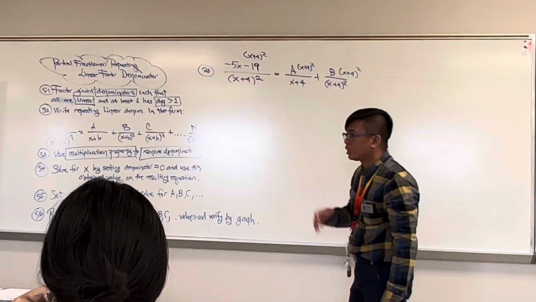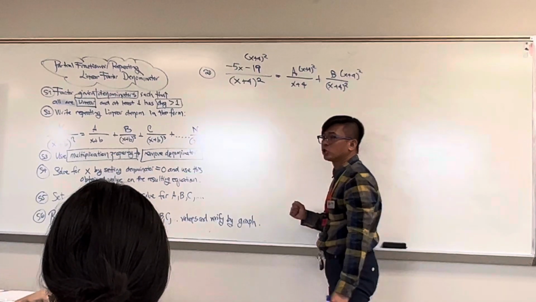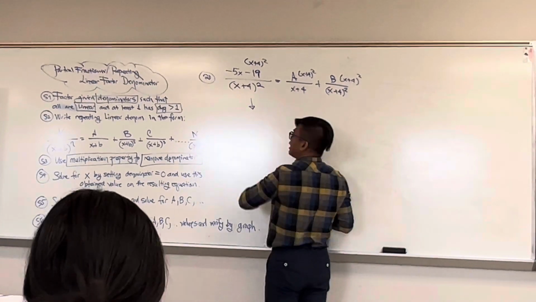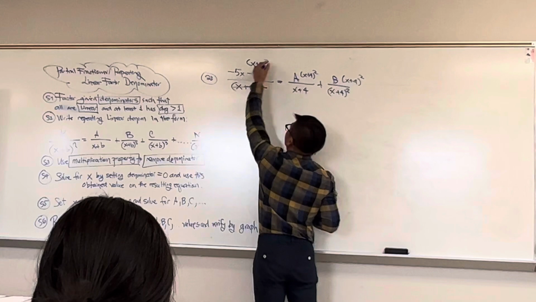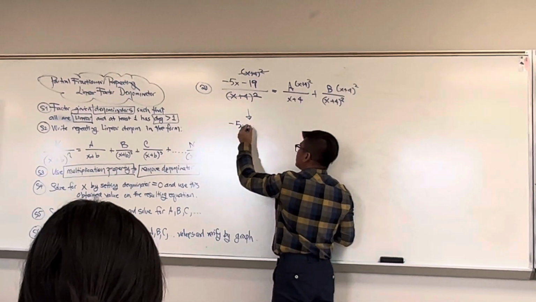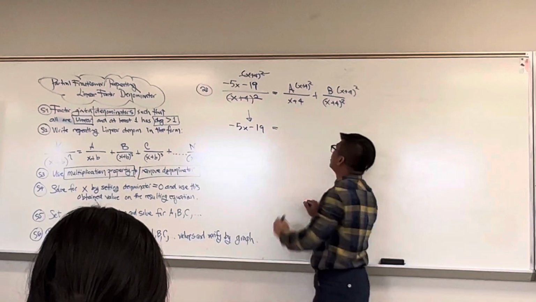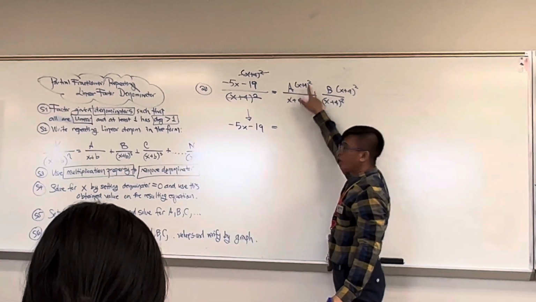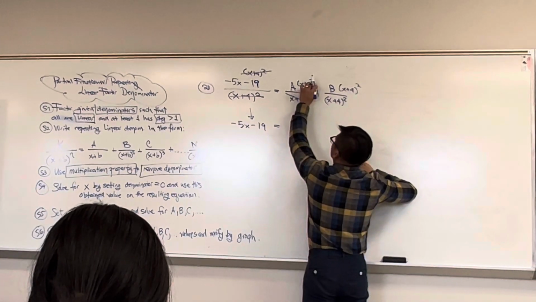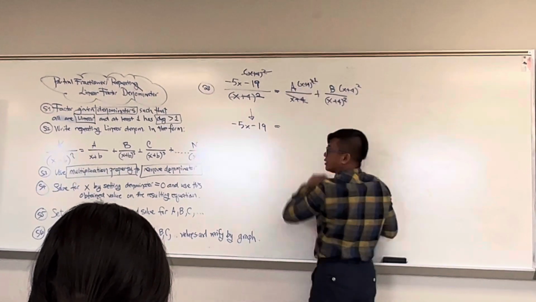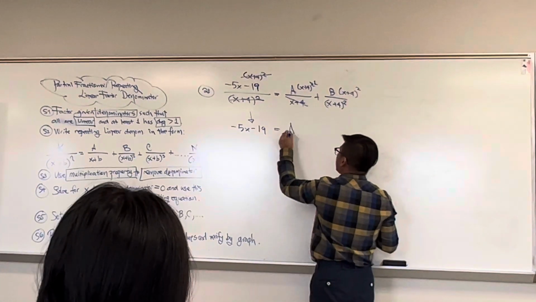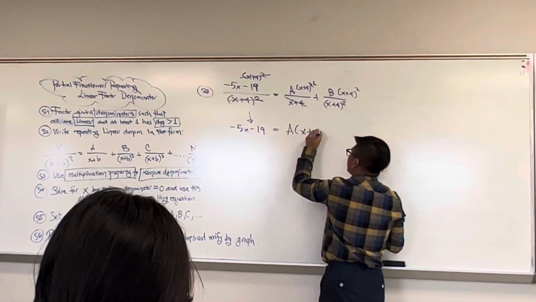Again, we want to get rid of the denominator, using the multiplication property for equality. What's going to be left on the left side? This and that will cancel out, so basically just the numerator, the given, is equal to: this is x plus 4 squared, this is x plus 4, so this will make it degree 1. So it's just A times x plus 4.